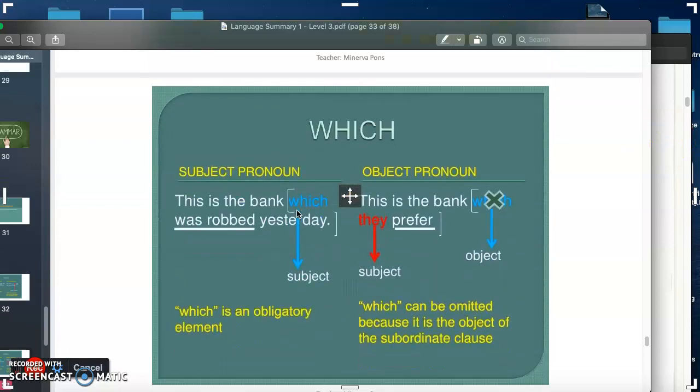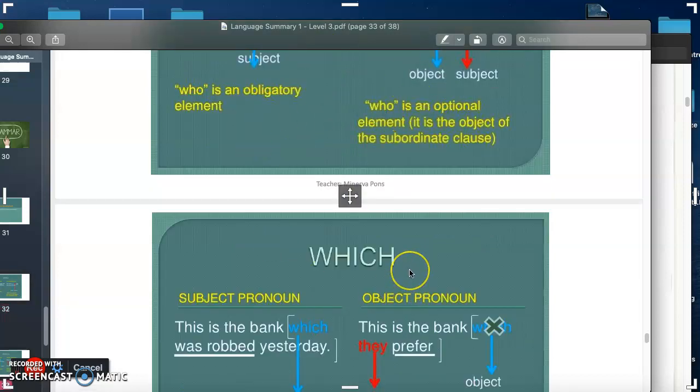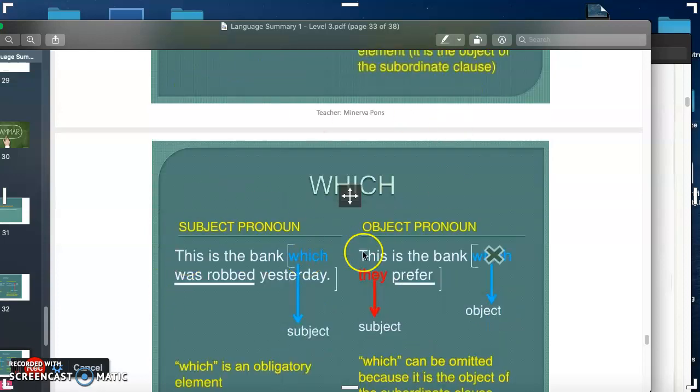Then we have which, we can use it for people, and we can use it also for objects. So this is the difference. In here, who can only be used for people, but which can be used for people and also for objects. And it's basically the same thing.